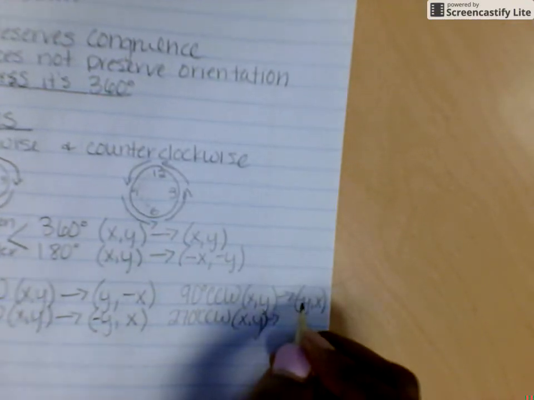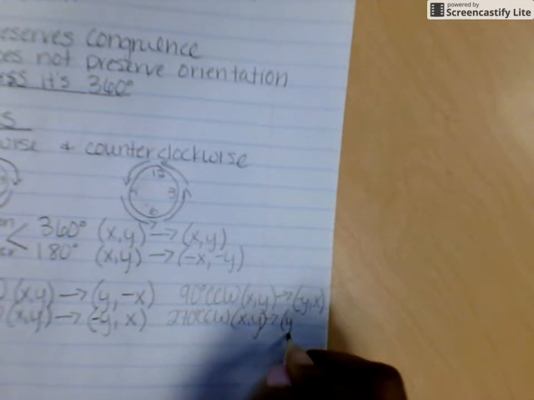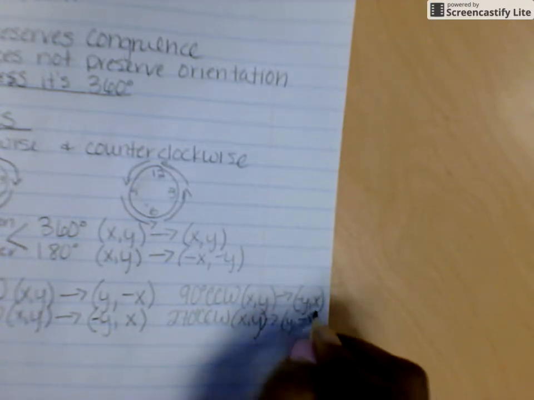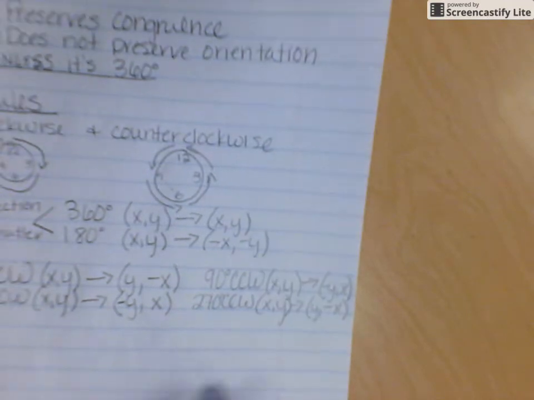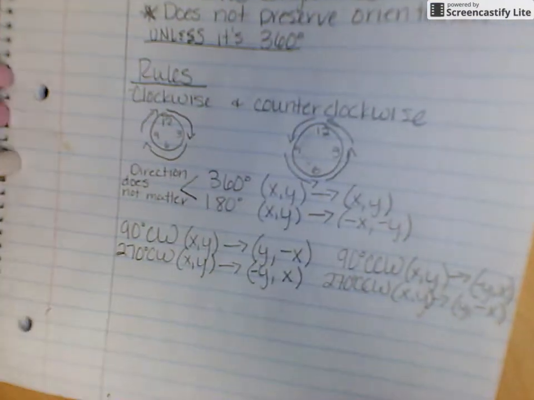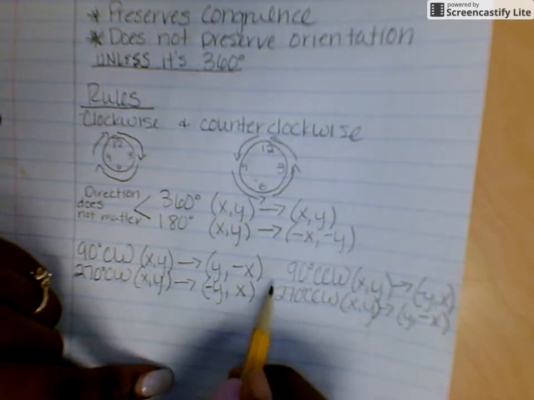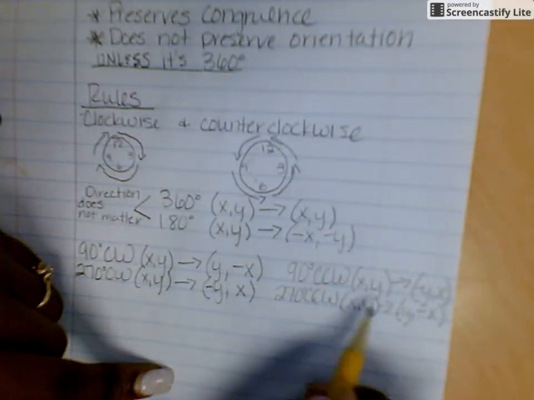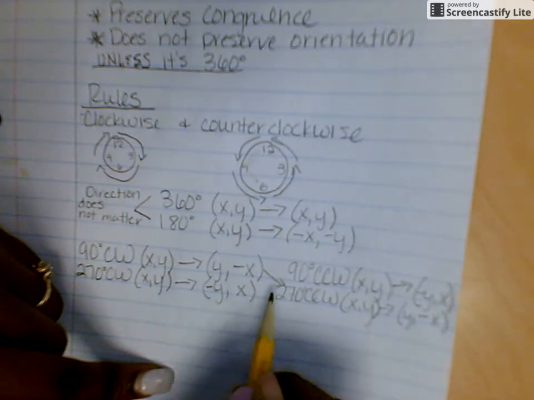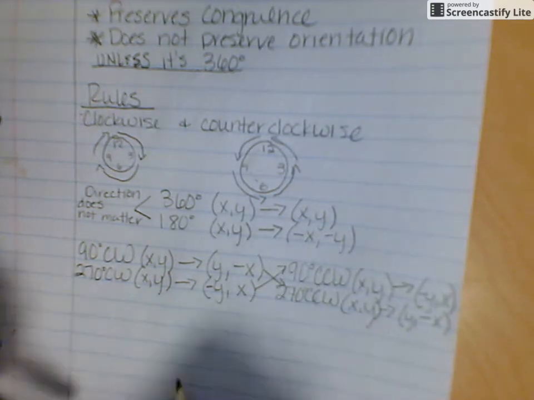And that will become y, opposite x. Now, in looking at these rules, hopefully you notice that 90 degree clockwise and 270 degree counterclockwise, they have the exact same rule, and vice versa.